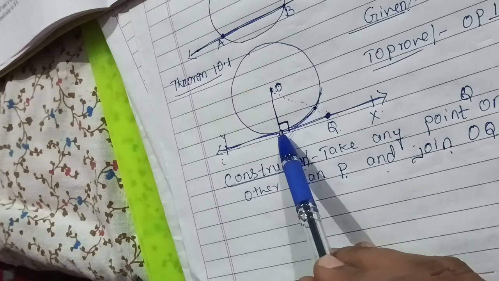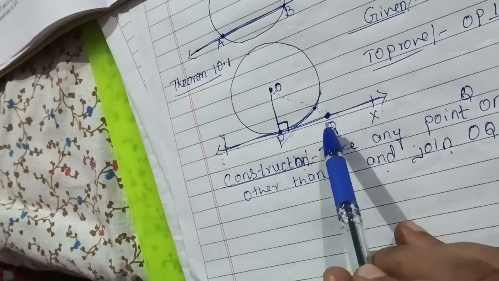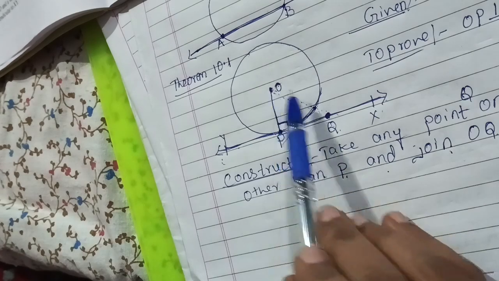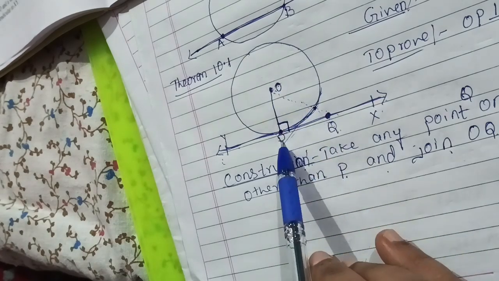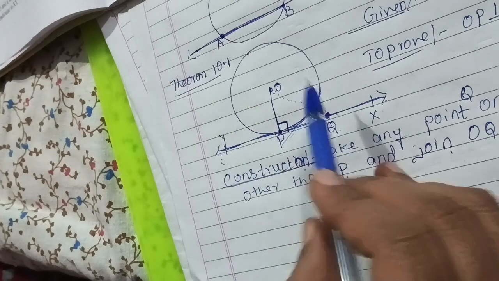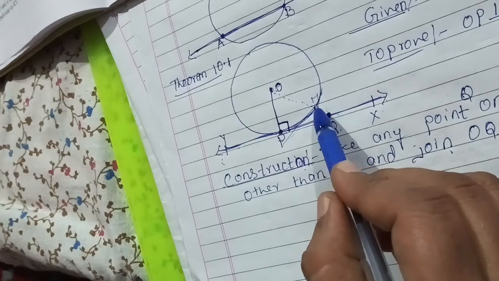So Q is lying outside the circle, so we can say that OQ is longer than the radius. Why? Let us take a point M on the circle.